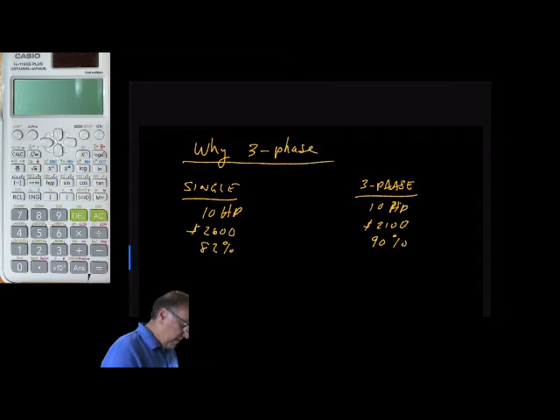A single phase 10 horsepower motor would weigh about 170 pounds, whereas a 3-phase would be 120 pounds. 3-phase systems are more efficient, cheaper to operate, obviously, and some common voltages are 208, 480, and 4160.